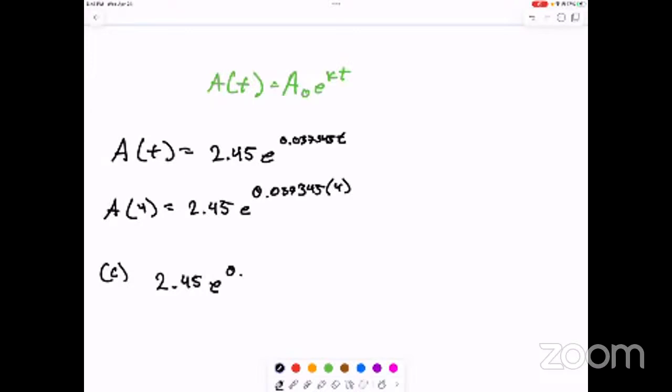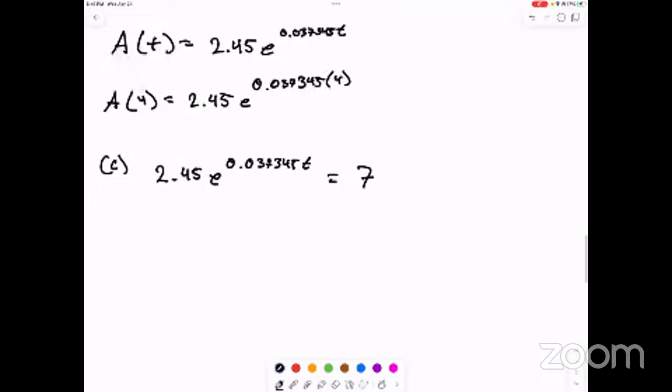Okay. So first we're going to divide both sides by 2.45. 0.037345 T equals 7 over 2.45. I'm just going to leave it exact.